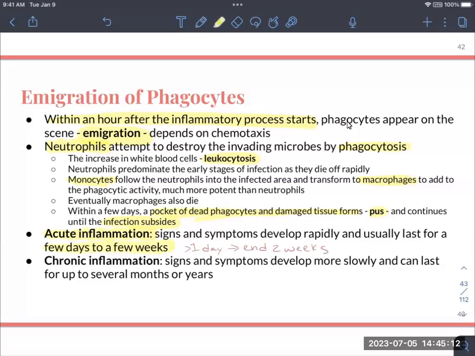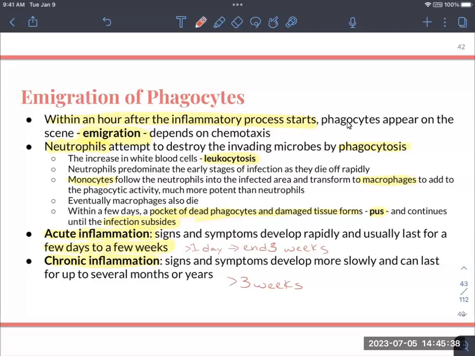Chronic inflammation develops very slowly, and it is technically anything longer. Actually, that's the end of 2 weeks or 3 weeks, because anything that is considered chronic is usually 3 weeks or longer.